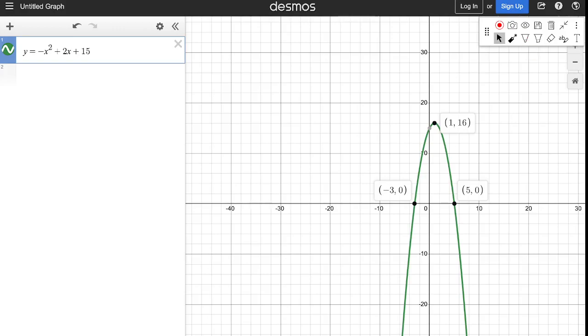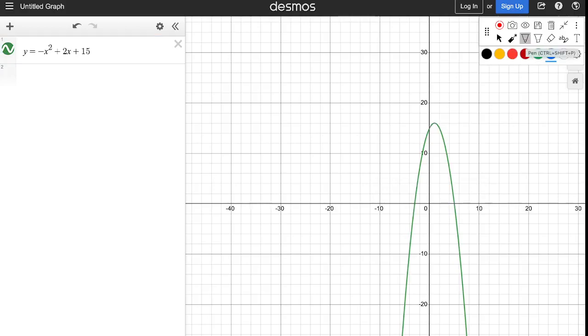And again, if we wanted to also talk about the axis of symmetry, that comes right through here. And it's going to be the x value of the vertex, right? So it's going to be x equals 1. That's the equation of the vertical line that cuts through there.